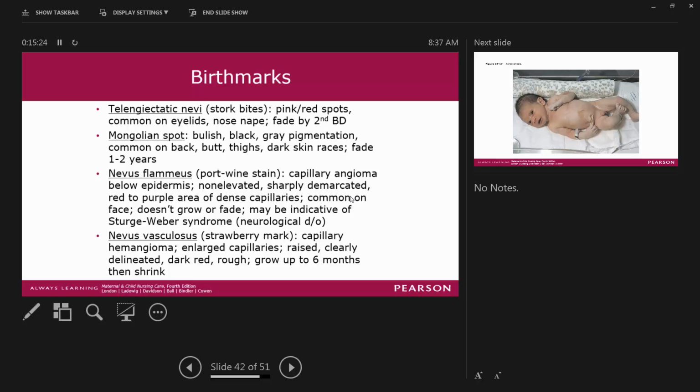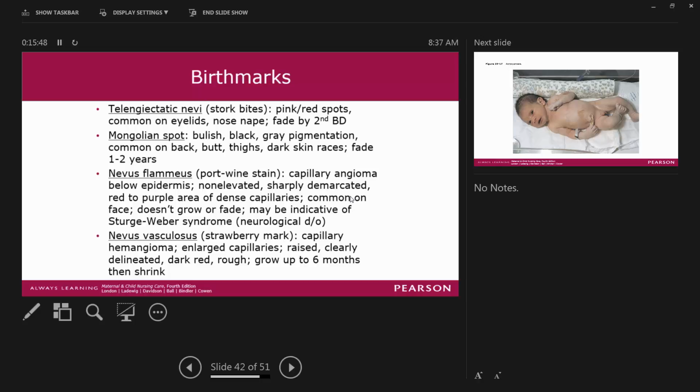Mongolian spot is, I don't know what that word is, but it should be bluish or black, maybe. It's a pigment discoloration, usually on the sacrum, maybe even the buttocks, maybe even in the lumbar spine. You can even see it on the back of the thighs in some cases.